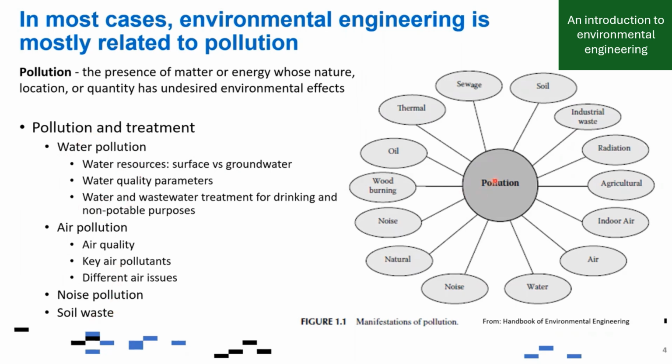And you can see from here, we have a lot of pollution in sewage, for example. So especially in developing countries, most of the wastewater, or the majority of the wastewater, are actually not treated. So if they have a plant, they have an industry, they usually just discharge the water to the rivers, to the sea.